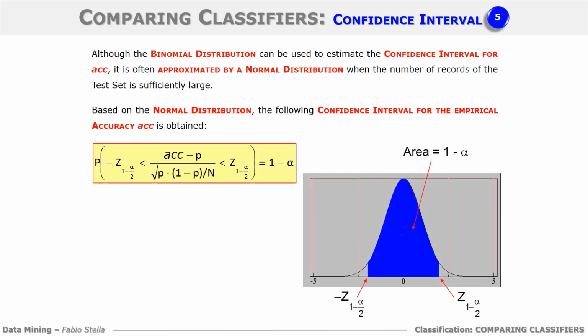However, we have to clarify what Z of (1 minus alpha) divided by 2 is. This is simply the quantile of the normal distribution, and it is that value such that the area, the blue area that is evidenced in the picture, is equal to 1 minus alpha, where alpha is typically called the significance of the confidence interval, while 1 minus alpha is called the confidence of the confidence interval.